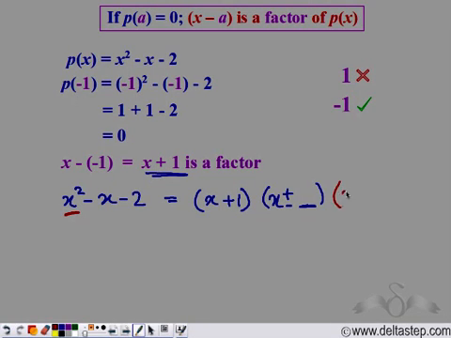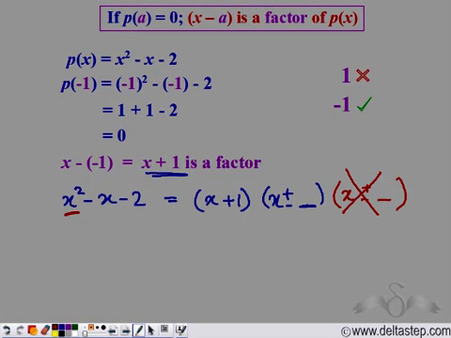Say we have a third factor of the form x plus or minus something. Then x into x into x will give us x cube. But we do not have an x cube term here, so we cannot have a third factor. So we'll just have two factors. Out of these two factors, we have already got one factor, x plus 1. We need the second factor.